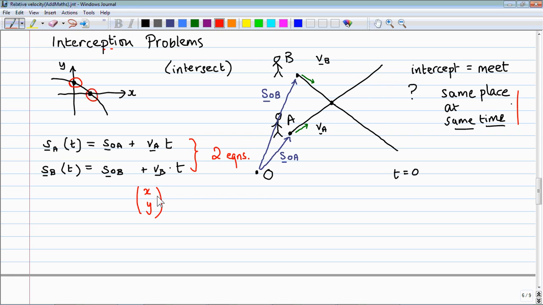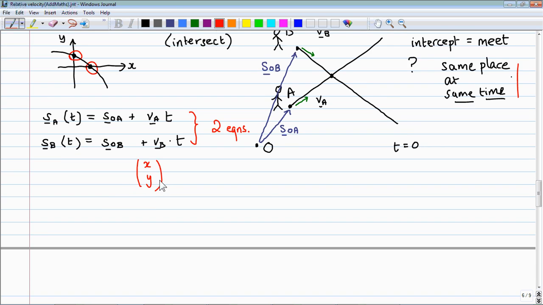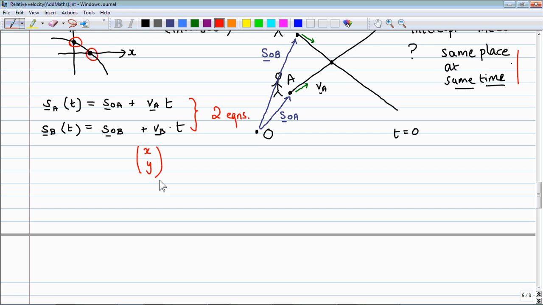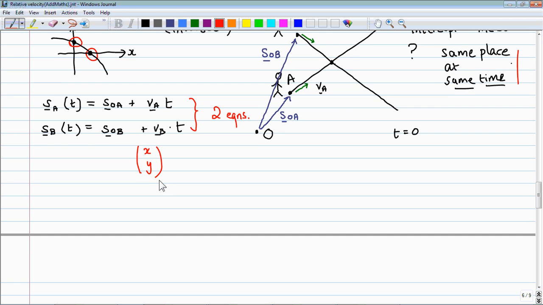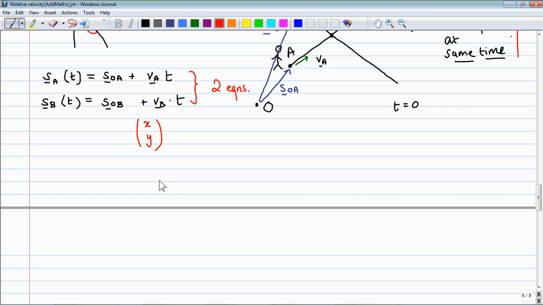Okay, so in a moment I'm going to show you how you can use this structure to solve interception problems easily. But I must mention that the way I'm going to show you, which is really to write these 2 equations and solve them, it's also possible to take another approach, which is to draw a displacement triangle.